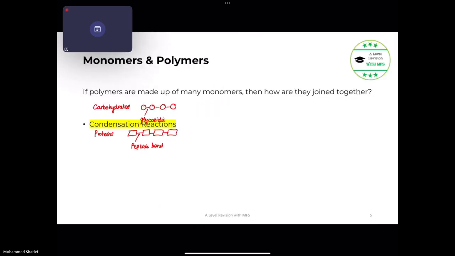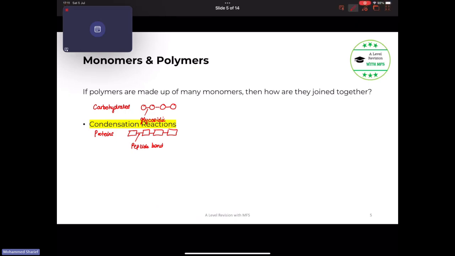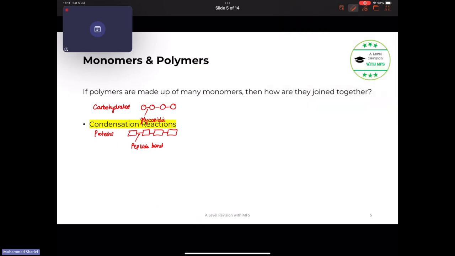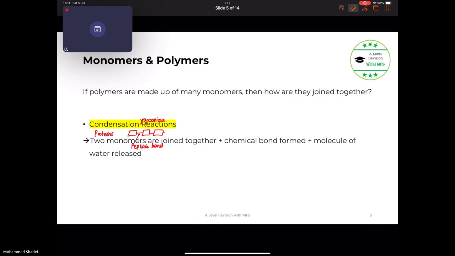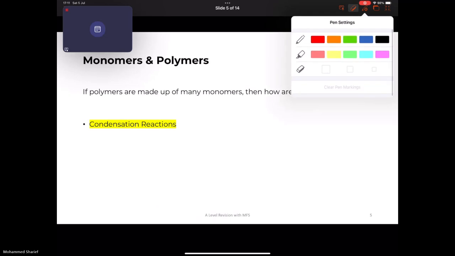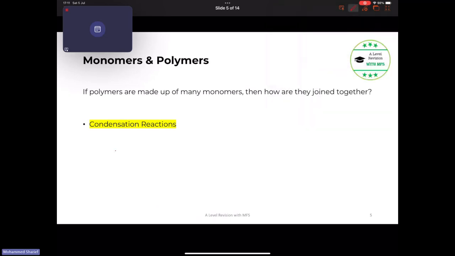Now, how do these chemical bonds actually form? I'm just going to get rid of my writing here, just so we can see the writing on the slide. So how do these bonds actually form? Well, these bonds form via a condensation reaction.